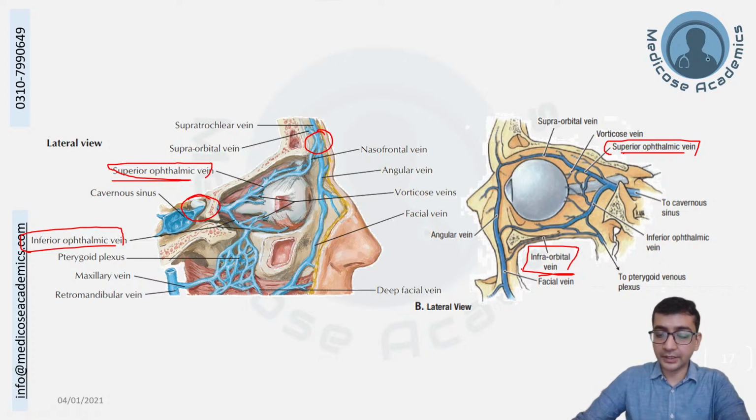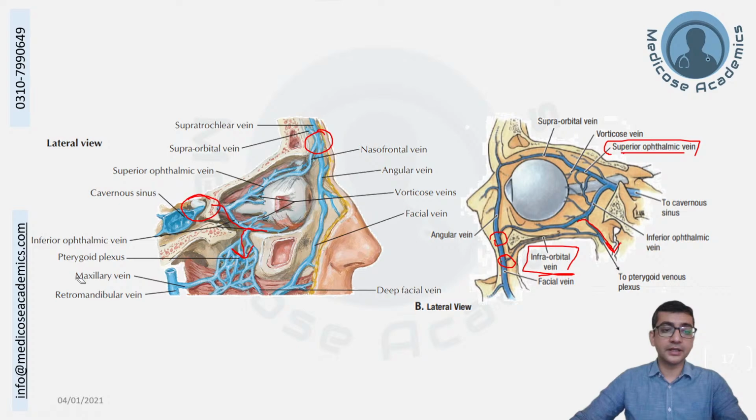The inferior ophthalmic vein is connected to the face through the infraorbital vein, directly with the facial vein, and it goes back and may drain directly to the superior ophthalmic vein and consequently the cavernous sinus, or it may go down to the pterygoid venous plexus. So these are all the veins that are present in the orbit and the drainage related to them.